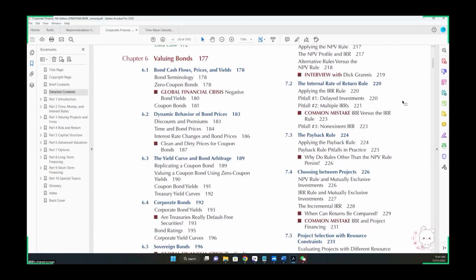Now you can plot the yield to maturity of bonds with different maturities or different conditions into a diagram. Now you have the YTM.